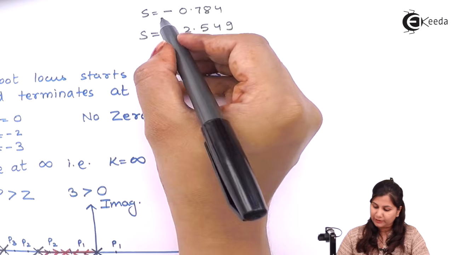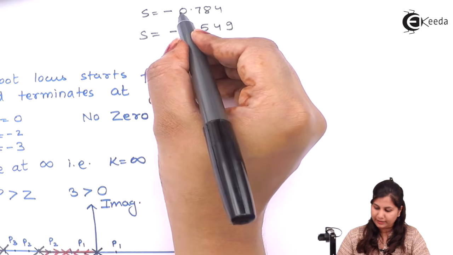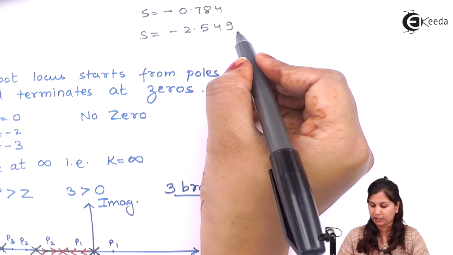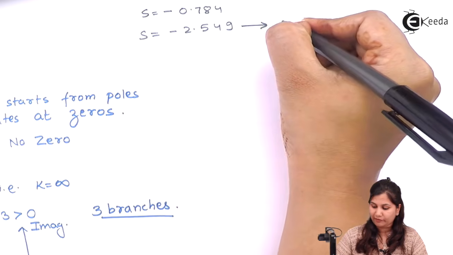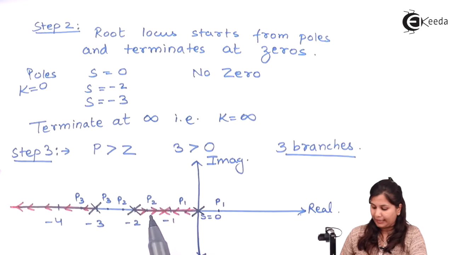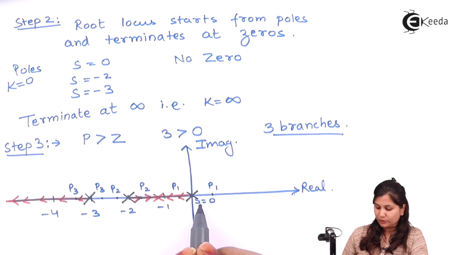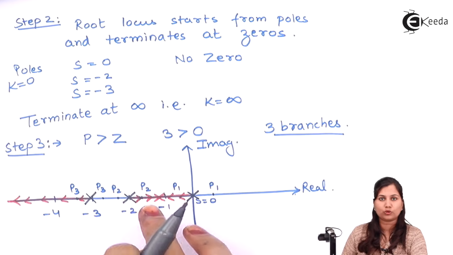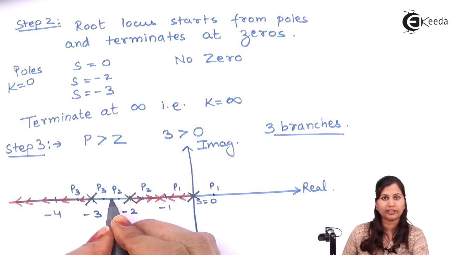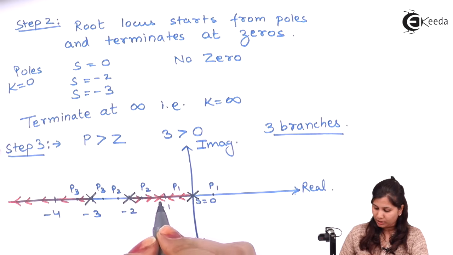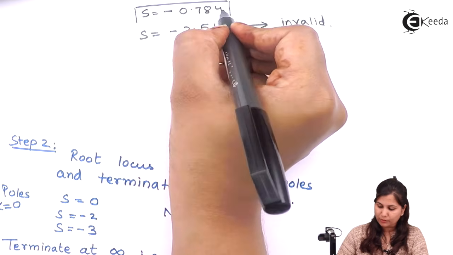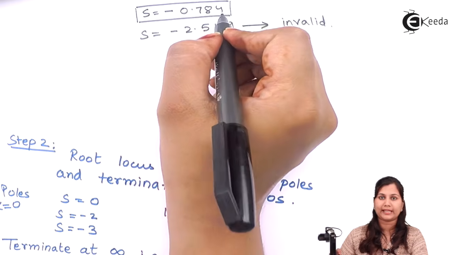We are getting the values as s equals to minus 0.784 and minus 2.549. So this point is invalid because it is not lying between s equals to 0 and s equals to minus 2. It is minus 2.549, so it is somewhat here. So our valid breakaway point is s equals to minus 0.784.